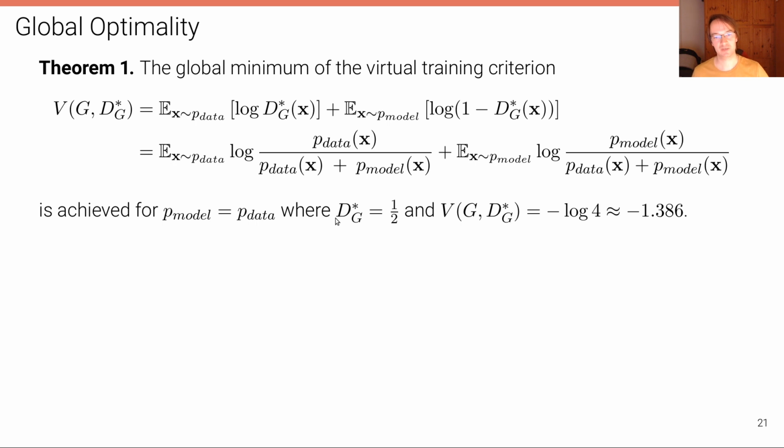And at that point, we have D star G being equal to 1/2, and V of G D star, this virtual training criterion, being equal to minus log 4.